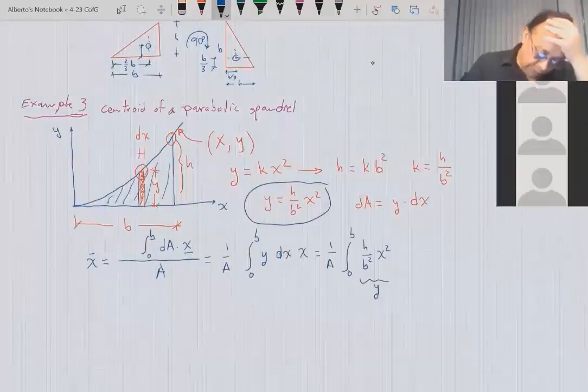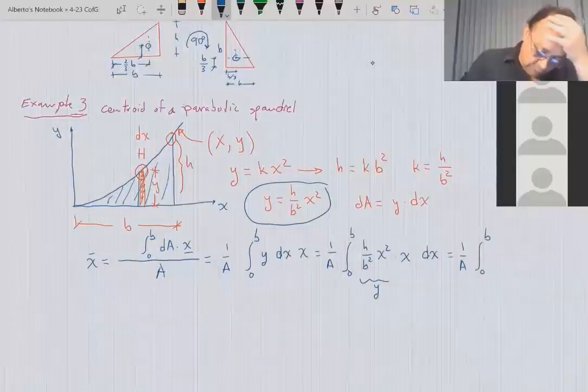Then we have another x here and dx. So we have 1 over A integral from 0 to b of h over b squared, well, this is a very silly step that I do here, x cubed dx.